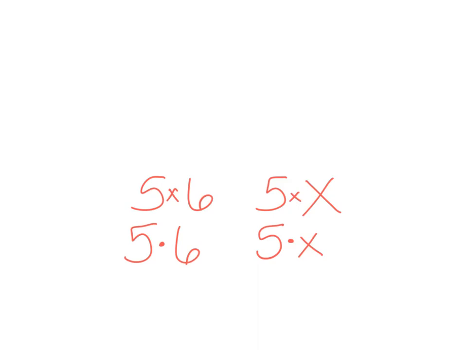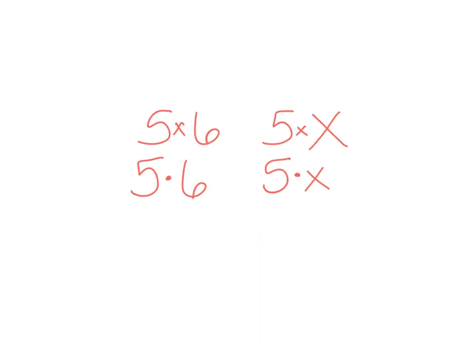But I'm going to let you in on a little secret. Mathematicians are super lazy. If we can create a notation that's faster to write, we will, which is how we've gotten to math as it is now. So instead of writing all of that, mathematicians just took the 5 and the x and stuck them next to each other, and that means multiplication. If I did that with straight up numbers, what's the problem with smushing two numbers together?